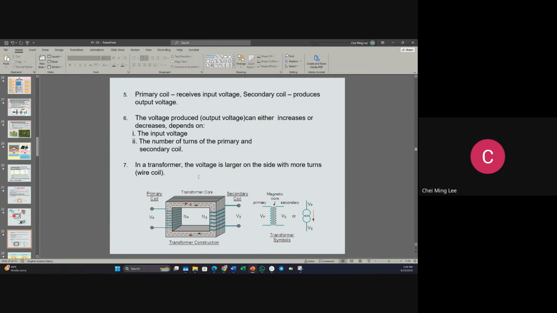In a transformer, the voltage is larger on the side with more turns. If the number of turns of the input coil is less than that of the output coil, the output voltage will be higher than the input voltage. It depends on which one has more turns of wire.